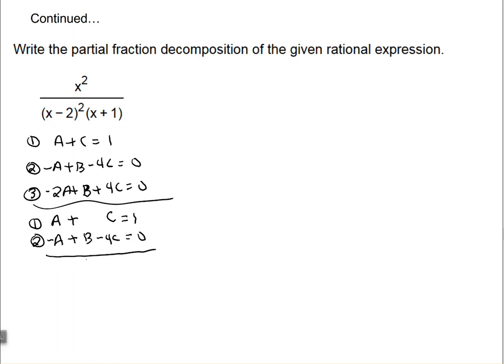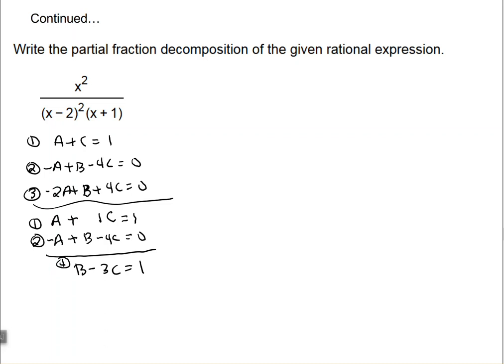All right, so the a's cancel. I end up with b minus 4 times c equals 1. Or minus, I'm sorry about that, that's b minus 3 times c equals 1. So that's my new equation. We'll call it equation 4.